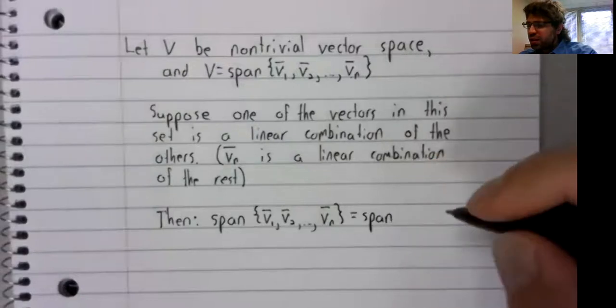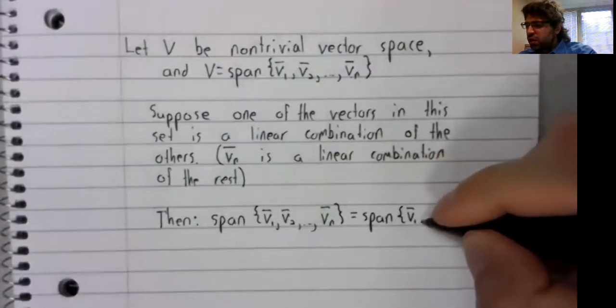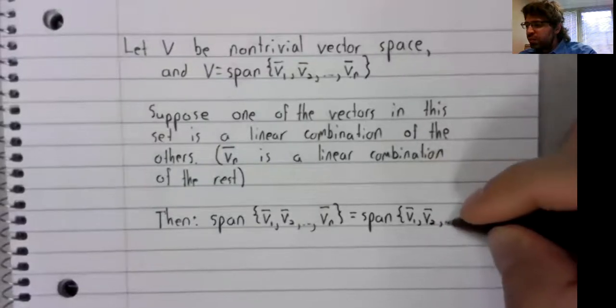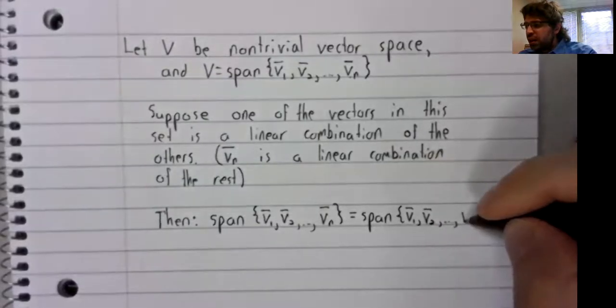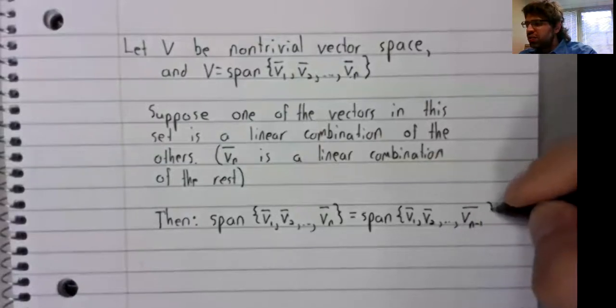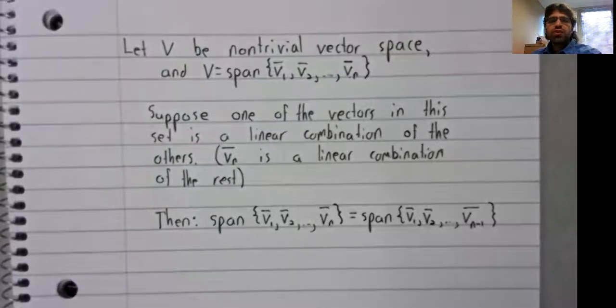If we take that vector that is a linear combination of the others and toss it out of the set, that doesn't change the span.